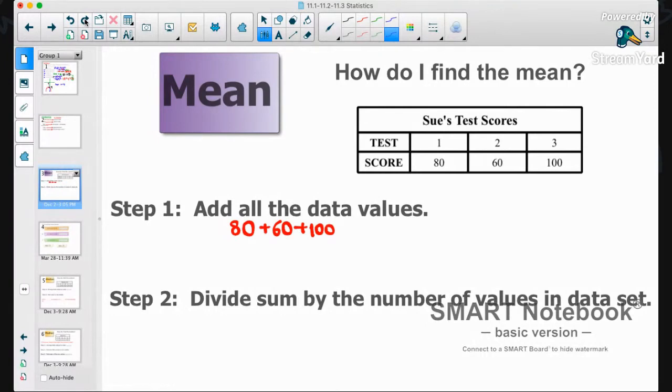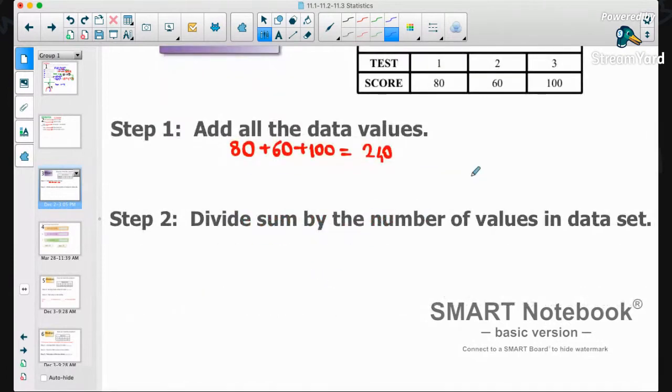If you add them up, you are going to get 240. Second step is to divide the sum by the number of values in the data set. How many data are there? There are 3 data. If you divide 240 by 3, 80 is going to be your mean.